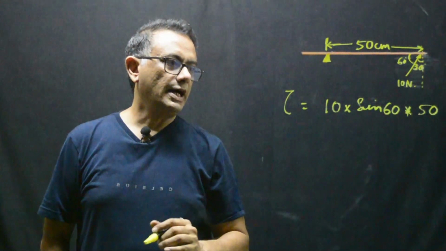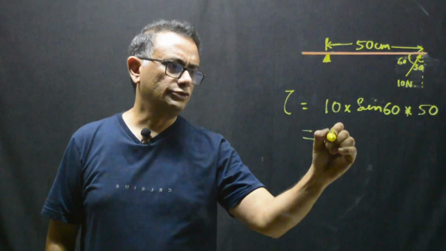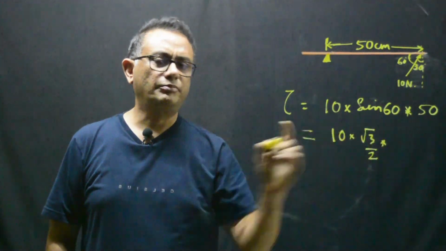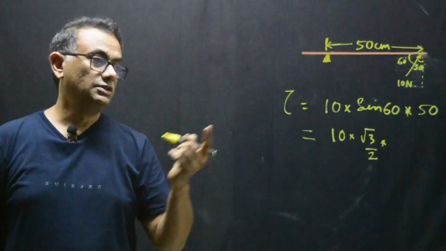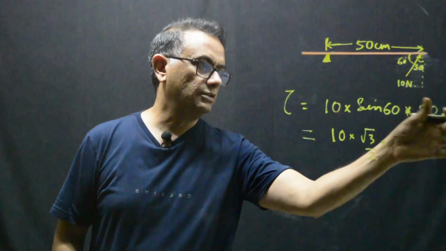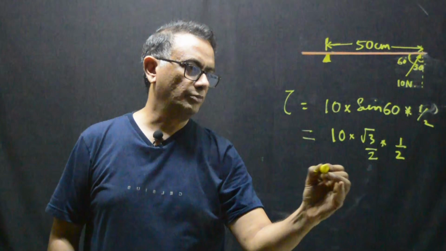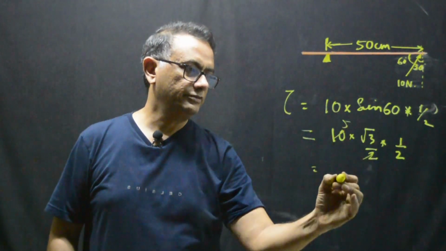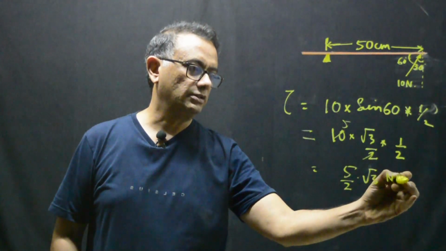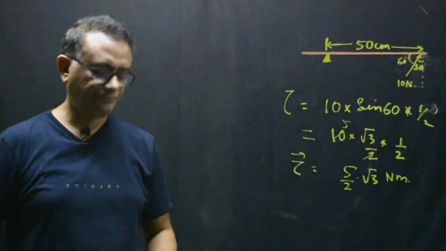And we do know that sine 60 is root 3 by 2, so it will be 10 into root 3 by 2. And if you want to be very particular about the units, this 50 centimeters is nothing but half a meter, so you can replace that as half into half. So this is going to be 5 by 2 into root 3 Newton meter. So this will be the correct answer. I hope you understand this.